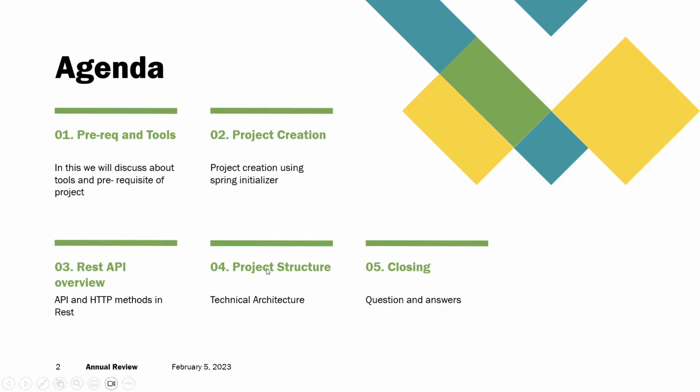Then we'll see the project technical architecture, how many components we have. We already did J2EE architecture in Advanced Java, and we have created a lot of applications earlier. From here onwards we are moving into microservices architecture. Earlier we worked in monolithic architecture, which means everything is in one folder or one project.